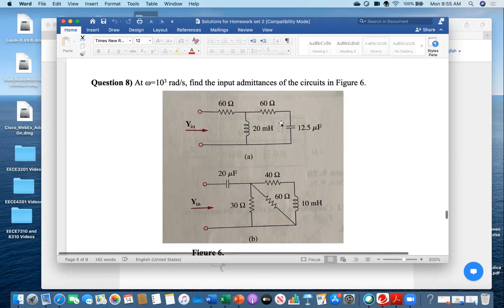Now this one, you see, definitely these two are in series. To calculate the admittance, first you find out the impedance. That is the easiest way to do it. First you find out the impedance, and then you convert back into admittance, Y equals 1 over G. So you see, these two are in series, and then that series is in parallel with this one, and then that is in series.